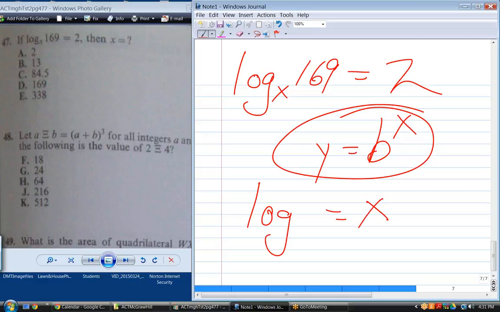So I can write that for certain. Where does the b go? The b always goes down there. The only other place is the y right there. So if I'm going from exponential to logarithmic, I do it this way. But if I'm going the other way around, it's the number on the far left, b, raised to the number on the far right, x, and it's equal to the argument. So know how to convert between logarithmic and exponential. If you know nothing else about logs, you need to know that.